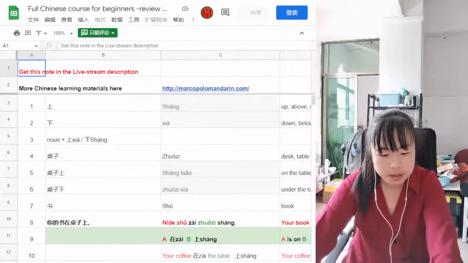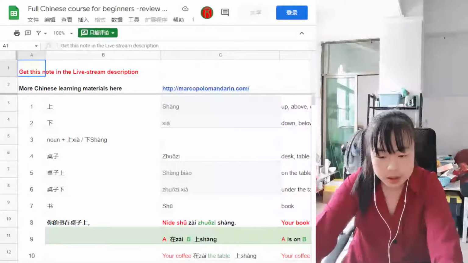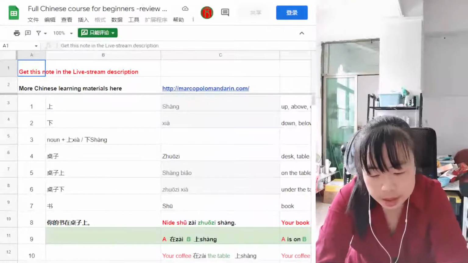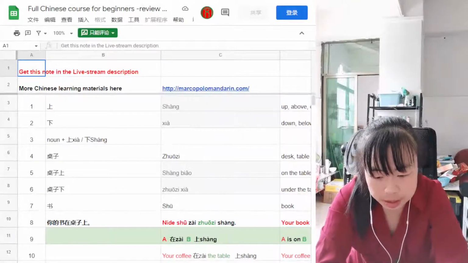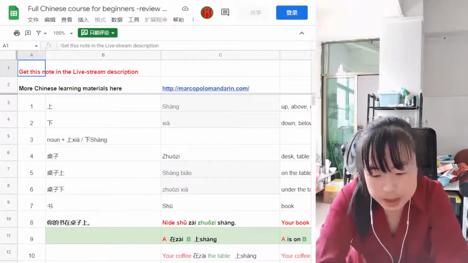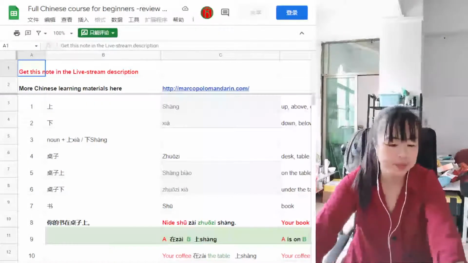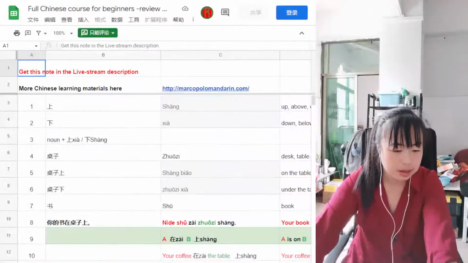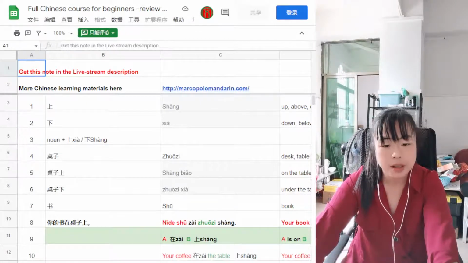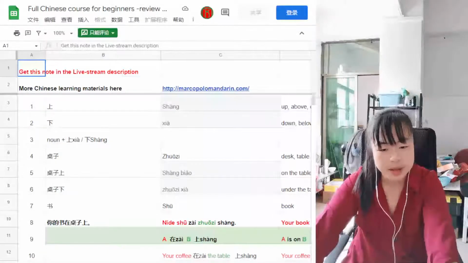A 在 B 的东边、西边、南边、北边。A is to the 东边, east, 西边, west, 南边, south, 北边, north of B. So still, we mark A part and B part. A is red, B is green.